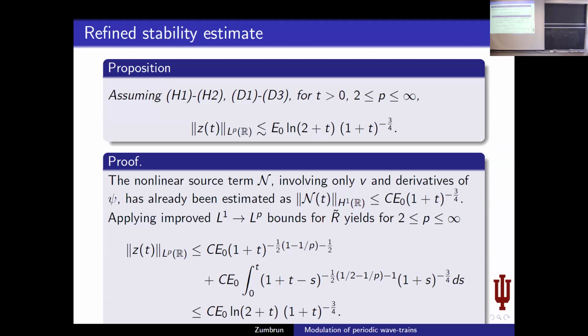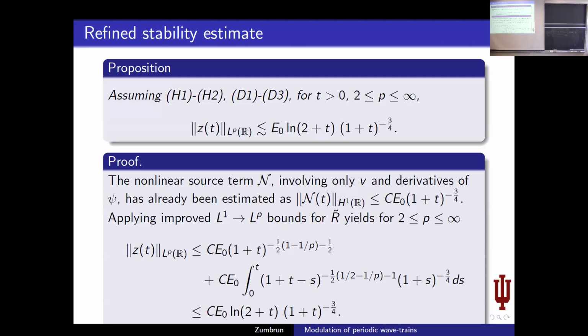But here is the bound. Using our improved bounds, Z in LP will be bounded by a heat kernel with minus 1/2 decay times the initial data. So far, so good. This is what we would hope to get for the whole thing, but we don't.